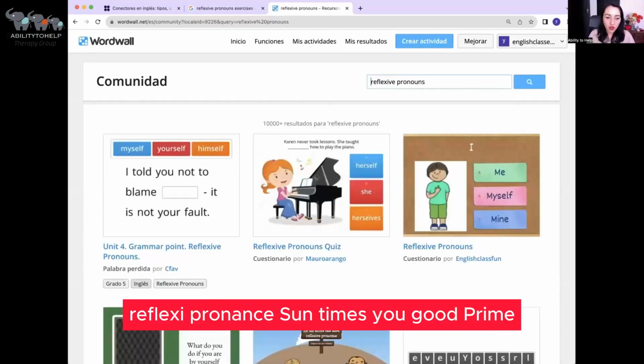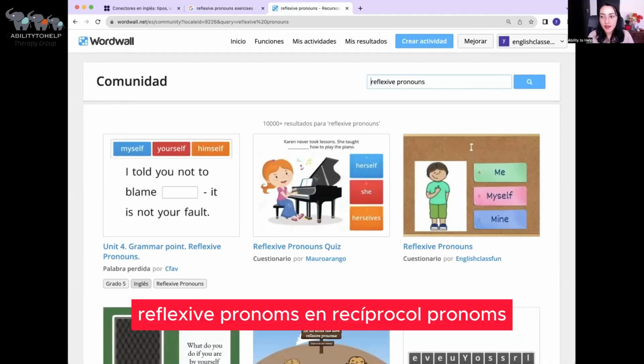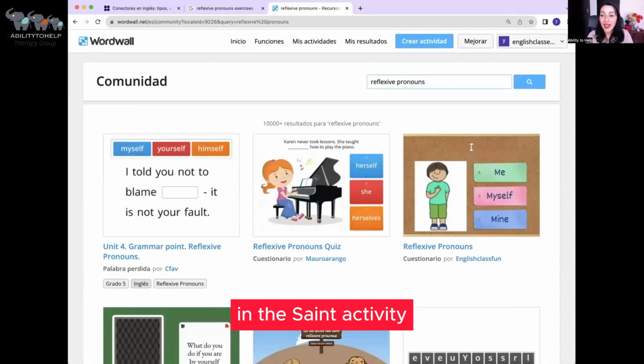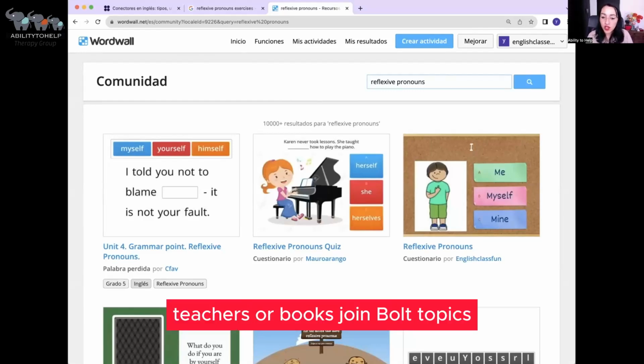Reflexive pronouns. Sometimes you could find reflexive pronouns and reciprocal pronouns in the same activity. It's normal that teachers or books join both topics.